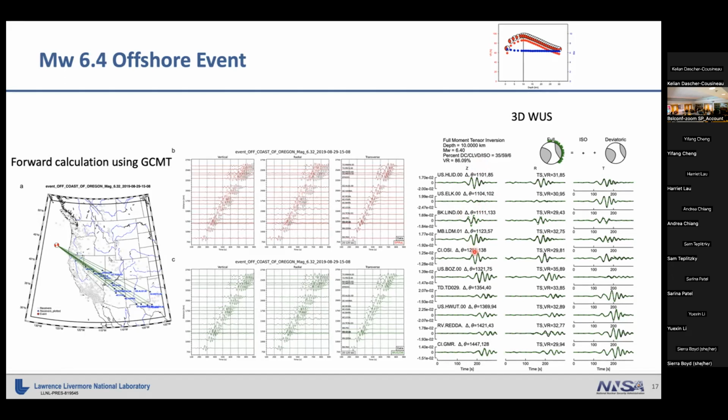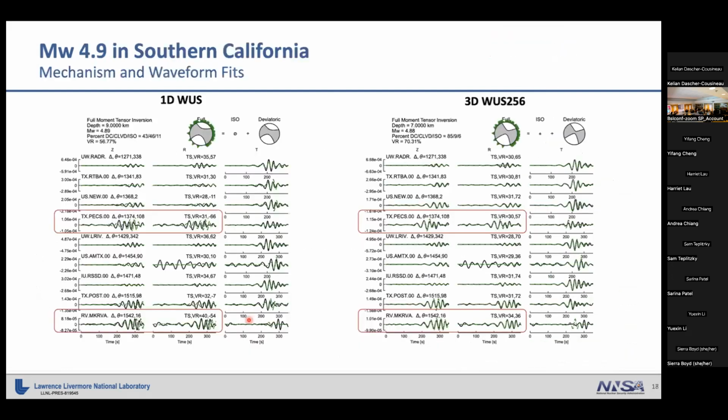When we started going to smaller, shorter periods, we're re-inverting the source, going to shorter periods. So here is a comparison between not GCMT, but the 1D and the 3D model that I talked about. You can see that they are similar.